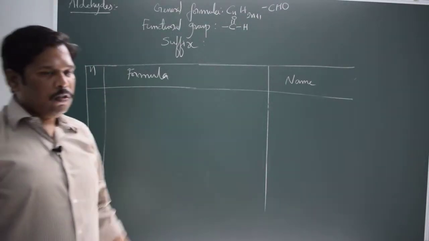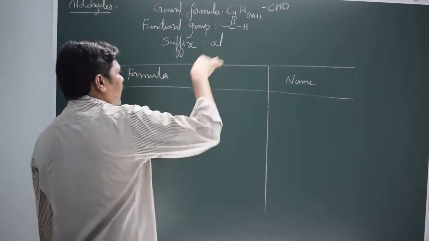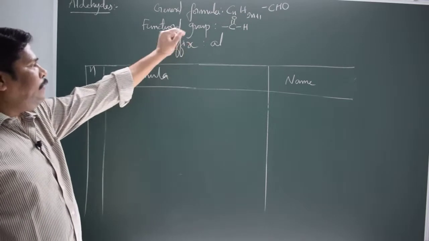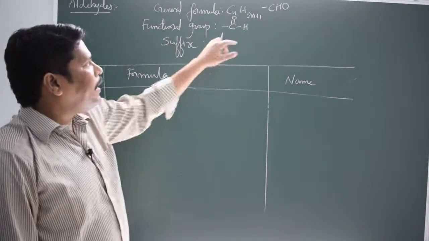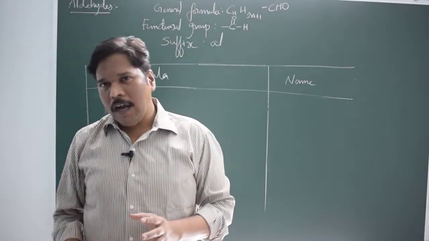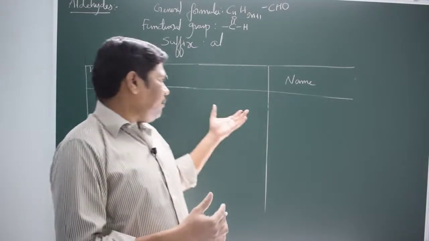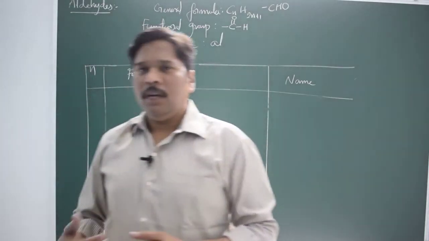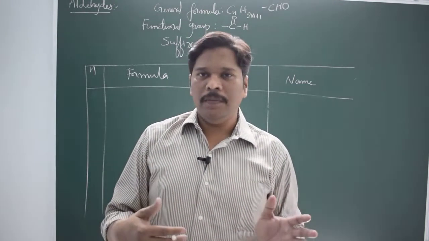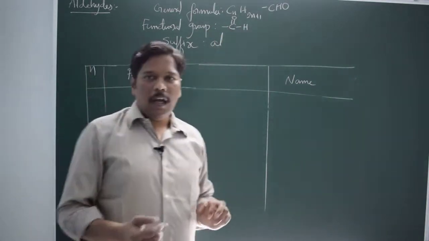The suffix at the end is -al, for aldehyde. A very important thing in aldehydes is that it is a terminal functional group. You can't attach the aldehyde group in the middle, so you don't have structural isomers among the members of the aldehyde family.